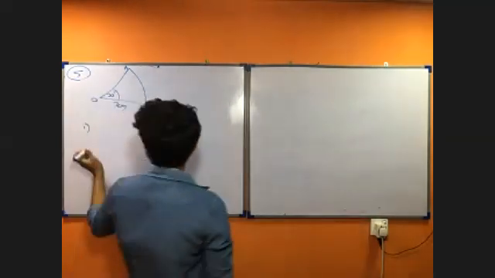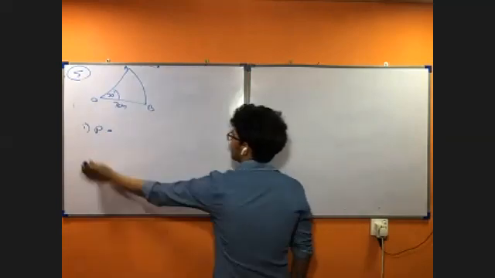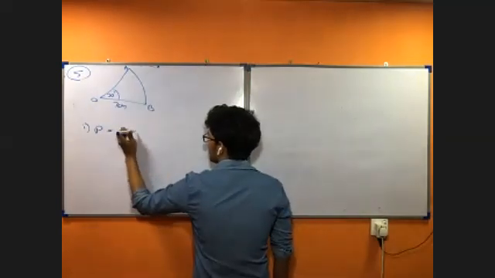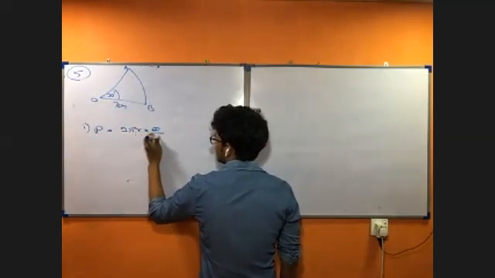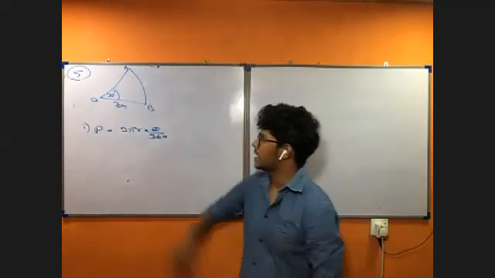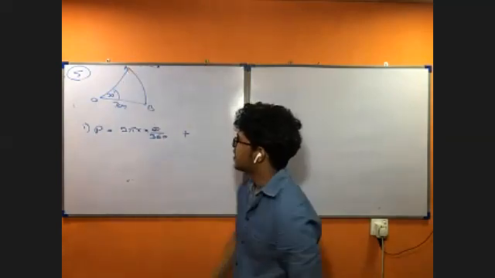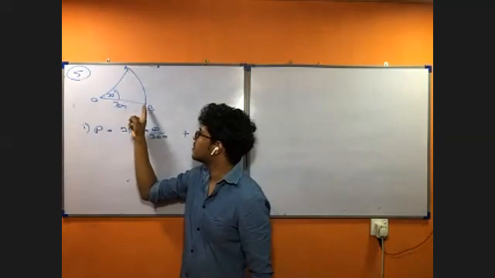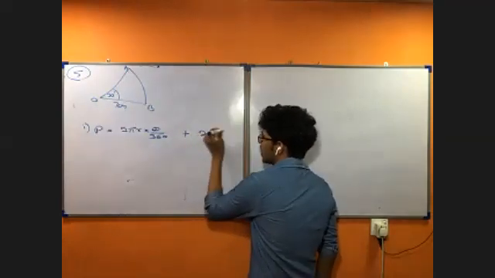So perimeter is what? Perimeter is equal to arc length plus 2r, right? So that is 2 pi r multiplied by theta divided by 360. That is going to give me the arc length, the distance from here to here. Then to find the perimeter, I need to find the distance from here to here and from here to here also. That is plus 2r, right?